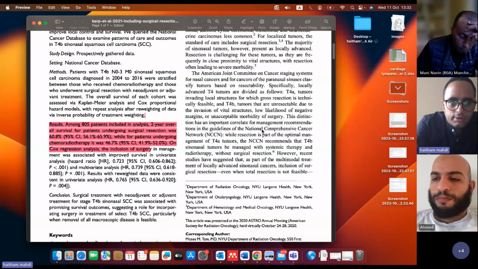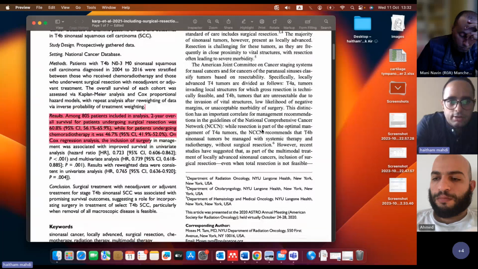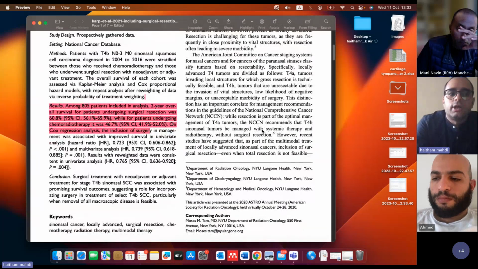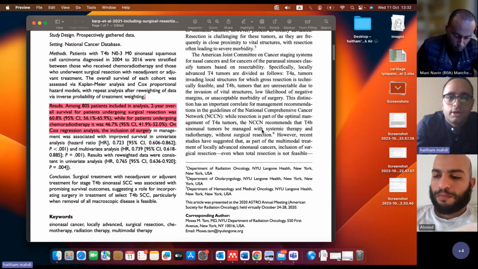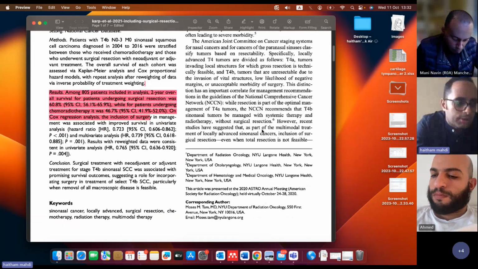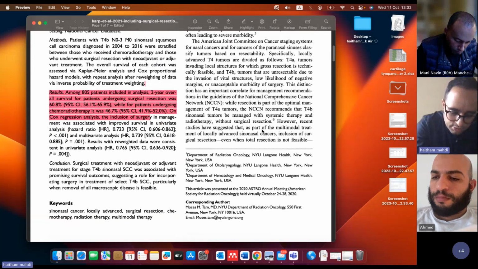For the results, they had 805 patients, and the outcome was to measure the 2-year overall survival rate among the two arms, which were surgery plus adjuvant treatment or chemoradiation only.